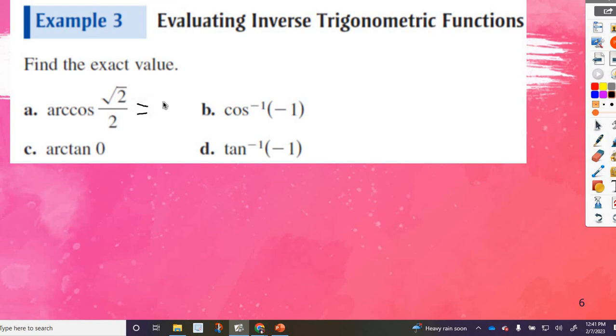So we're still just using our unit circle. So again, thinking about our unit circle or your graph. Sometimes it's easier to envision the graph. Okay, where does cosine equal -1? Pi. Our answer would be pi.